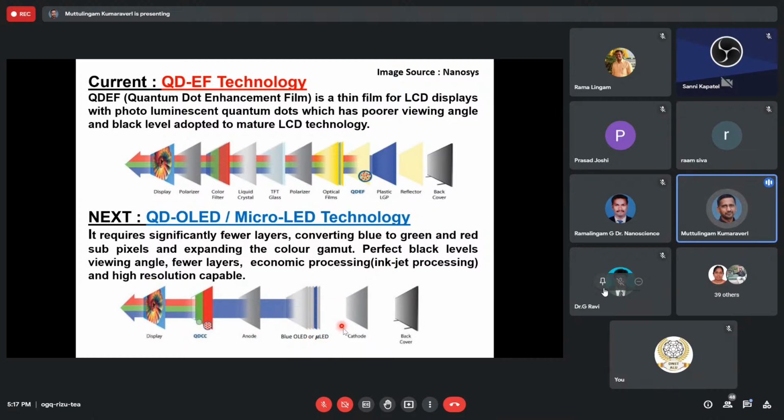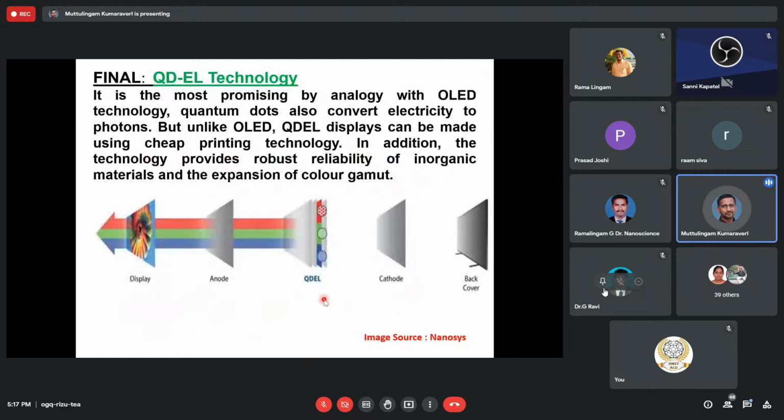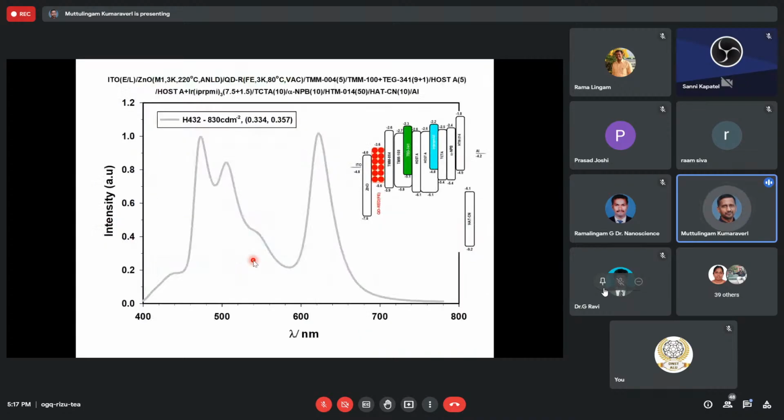If we use it, we can reduce further. The next one, the final one they are expecting, is emitting QD-EL, and this is the display. You can see the viewing angle here. This will be very thin. If it is possible, we can get it soon.